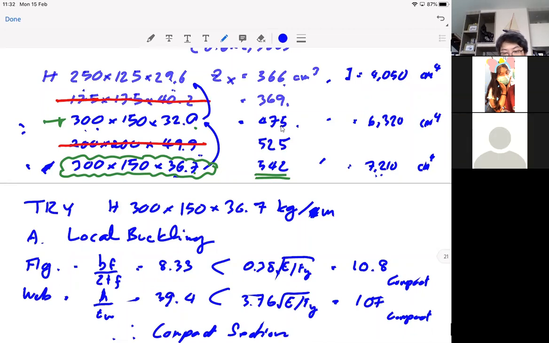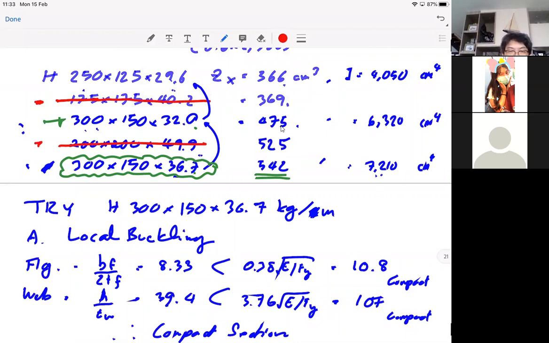Teacher, about the cost of the 3 columns, is it equal? Is it the same, or is it different? You mean the cost? Well, let me answer it once and for all. The price of the material is based on the weight. So the heavier the section, the more expensive. That's all.